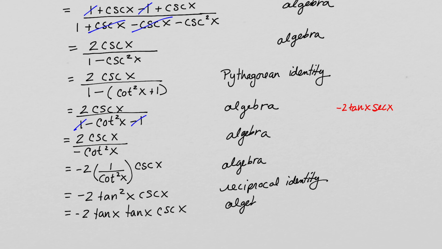And again, that's just some algebra. I'm not looking too bad, right? I have a minus 2 and a tangent x so far. Those are good and I need them. And so I just have to worry about somehow, hopefully, this tangent x turning into a secant.